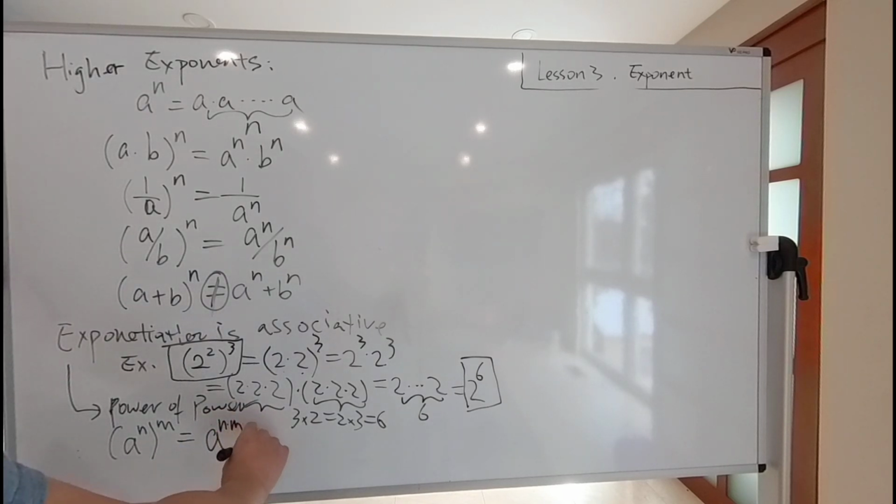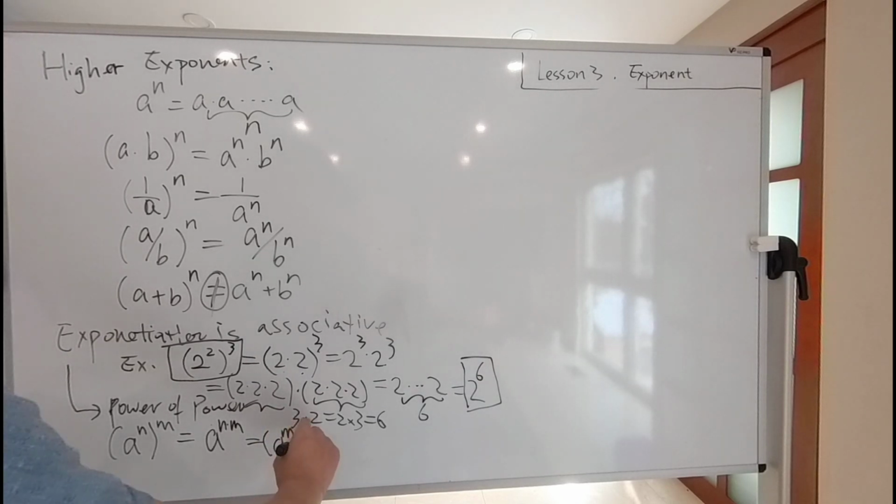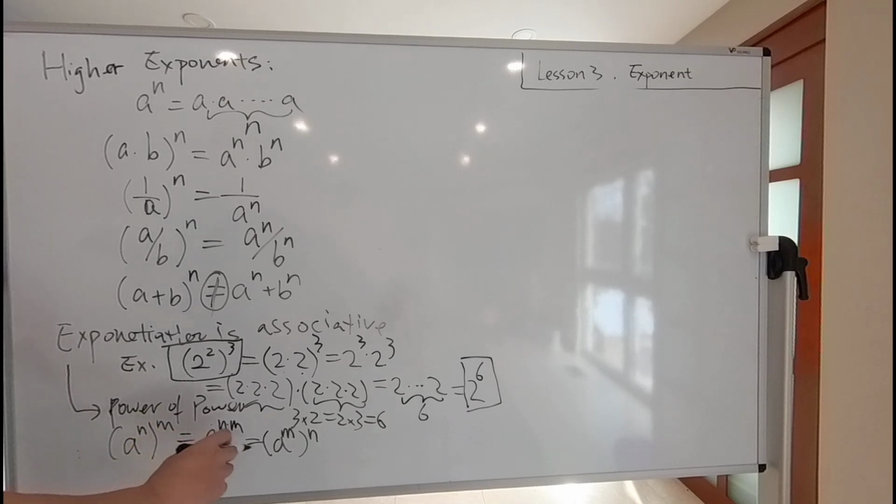And this can be further written as equivalent to reshuffling the order of the two powers: taking the mth power first, then taking the nth power is still equivalent. So all these three terms are equivalent to each other.